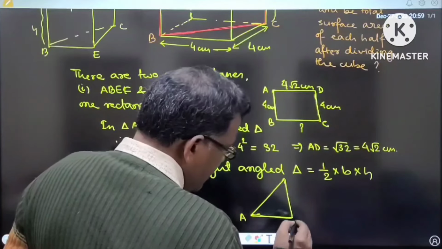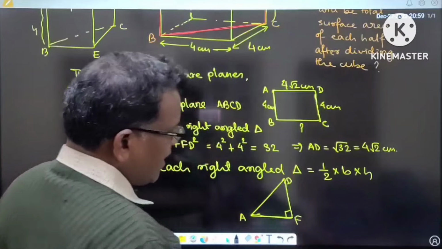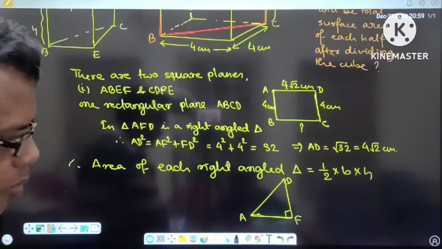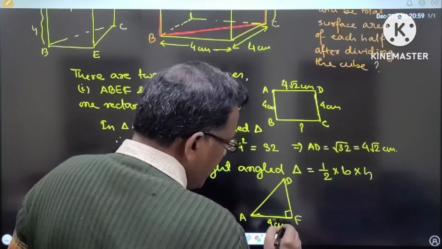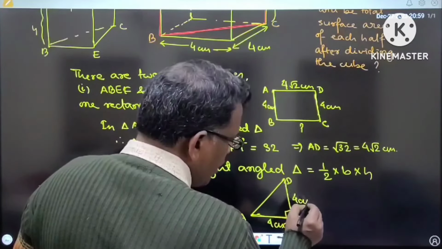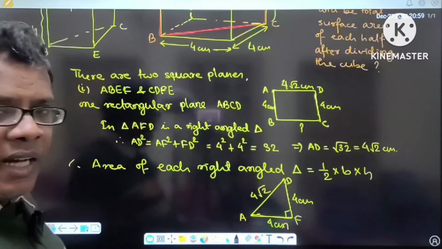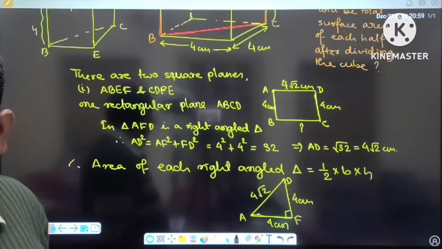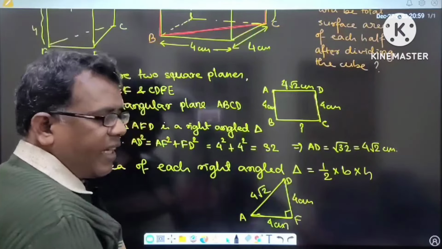So I know about the right angled triangle like this. I can say this is A, this is F, this is D. The adjacent sides AF and FD are perpendicular to each other. Both are 4 centimeter each. The mutually perpendicular sides are known to be base and height respectively. If I take AF as the base, I can refer to FD as the height.